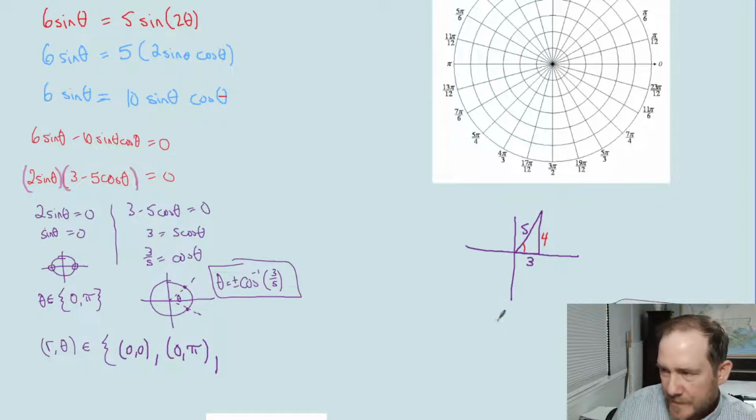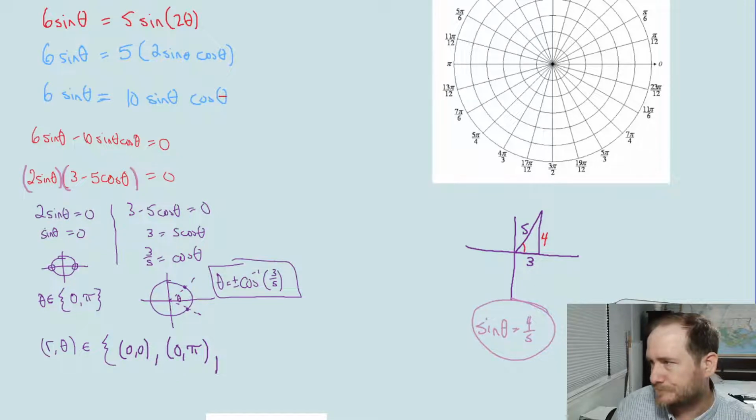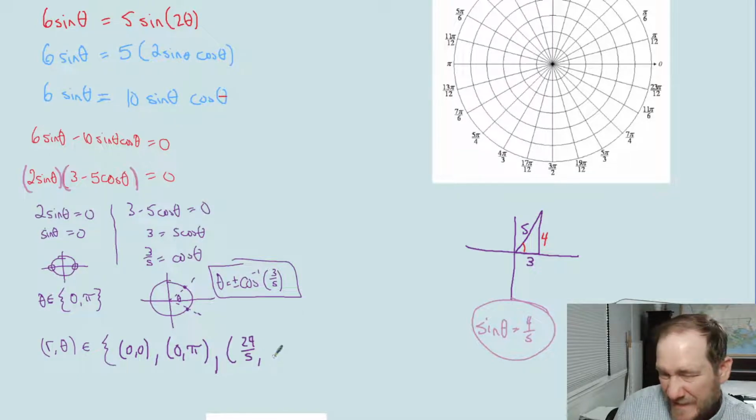So when the cosine of an angle is 3/5, the sine of that same angle is 4/5. Everybody remembers that, right? So whatever theta is, I know that the sine of theta is 4/5, which times 6 is 24/5. So my radius is 24/5, and my angle is the inverse cosine of 3/5.